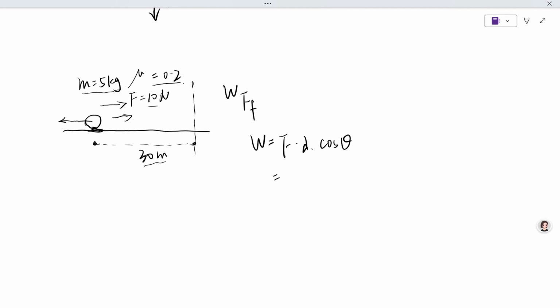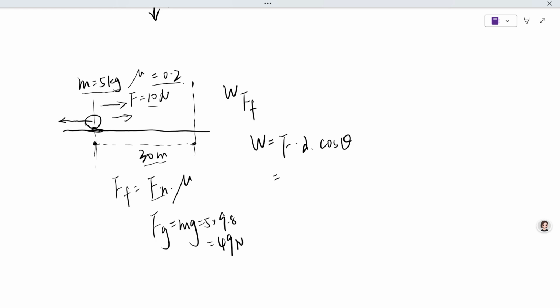So how do you figure out FF? FF is equal to Fn times mu. In this situation, because it is at equilibrium vertically, because it's not moving upward or downward, the normal force is just equal to Fg, which is a gravitational force, and Fg is equal to mg, which is 5 times 9.8, which we can get 49 newtons.